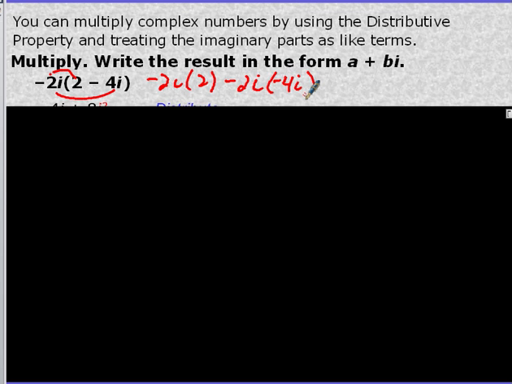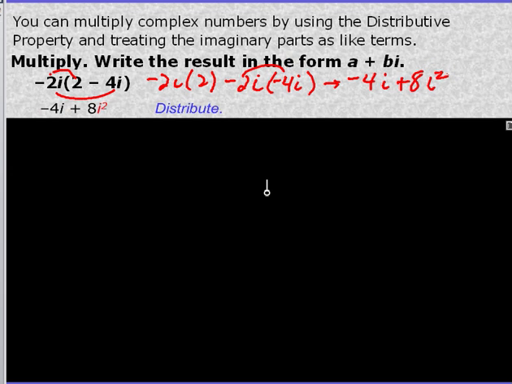And so we can multiply the negative 2 and positive 2 to get negative 4, and then the i just stays as i. Here we're going to multiply the negative 2 and negative 4 to get positive 8. The i times i becomes i squared. But remember, i is the square root of negative 1, so i squared is the square root of negative 1 times the square root of negative 1.